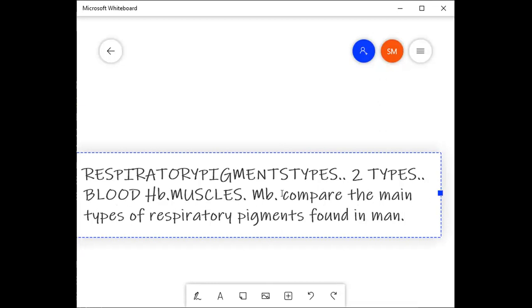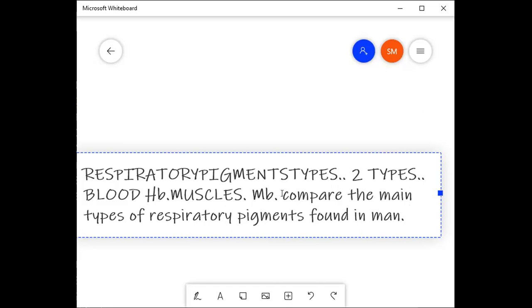This is a complete short question in your board exam, of 4 marks. We will be discussing the comparison, the oxygen affinity, and the main points that you have to write during the comparison. Take out your registers and note down these things.